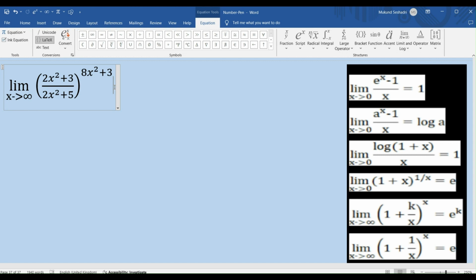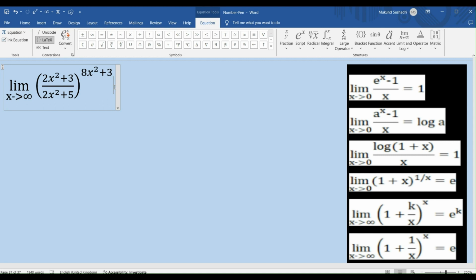So we know that a to the power x plus y equals a to the power x into a to the power y, right?